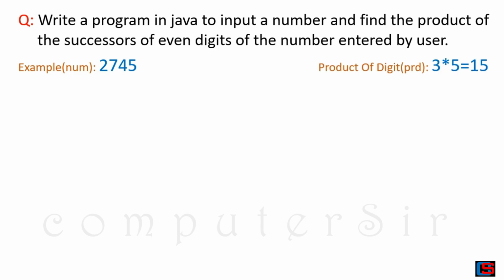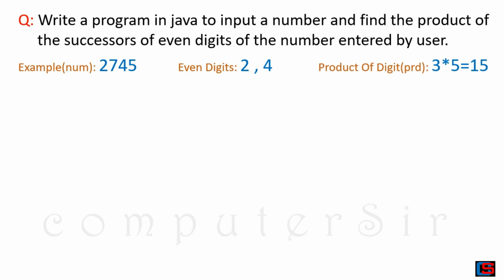So the successor of 2 is 3, and of 4 is 5. So the even digits are 2 and 4, and the successors of the even digits are 3 for 2 and 5 for 4. So the product of the even digit successors is 3 times 5, and it becomes 15.